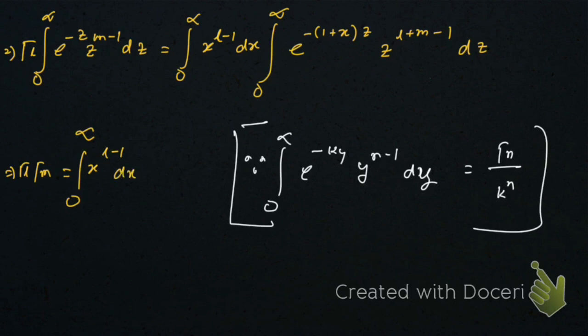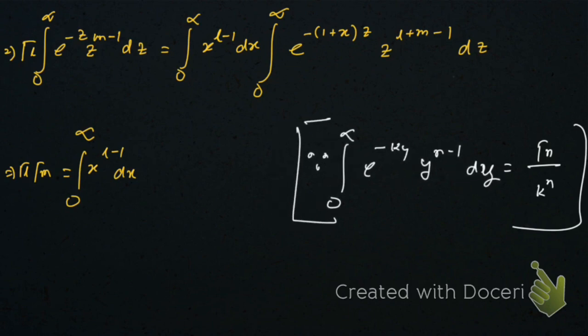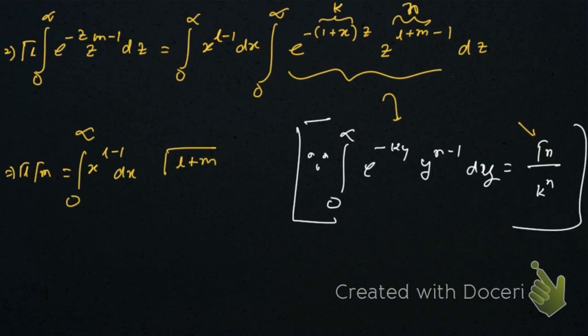Now you see, this part if you compare with this, here this is your k and n is l plus m, right? So that's why here you can write gamma of l plus m instead of gamma n, right? And k to the power n is, k is here 1 plus x, and the power n is l plus m, right? This is what you will get. So hope you have understood this. So this is what we have used.